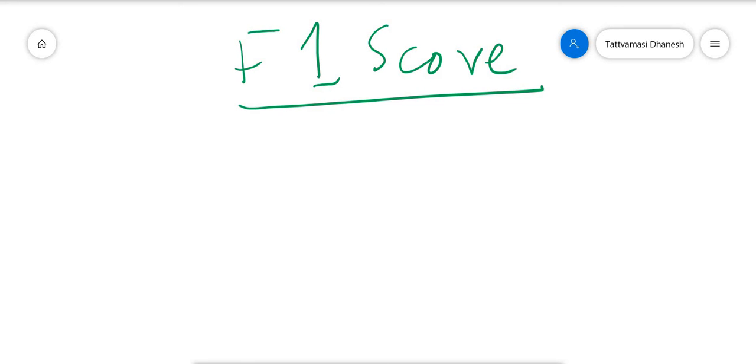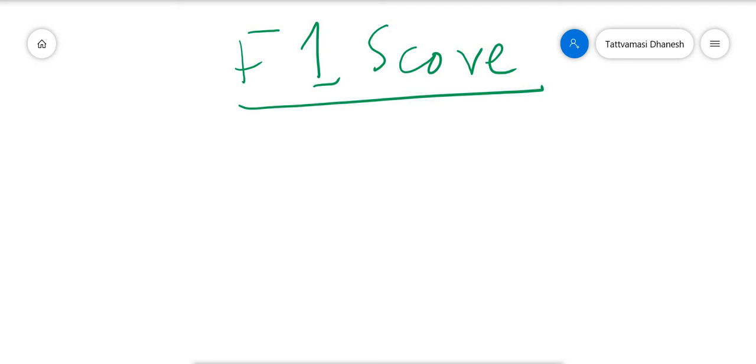So since they are inversely proportional, we come up with a new term known as the F1 score. Very important. So what is the F1 score? The F1 score is the harmonic mean of precision and recall.